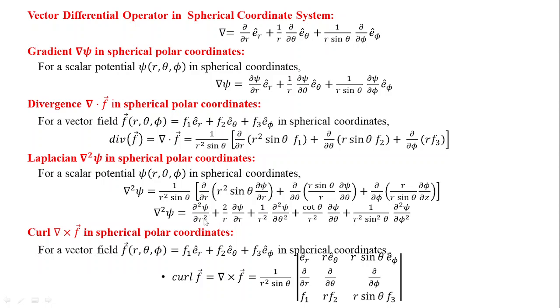Dou square psi by dou r square plus 2 by r dou psi by dou r plus 1 upon r square dou square psi by dou theta square plus cot theta by r square dou psi by dou theta plus 1 upon r square sin square theta dou square psi by dou phi square.